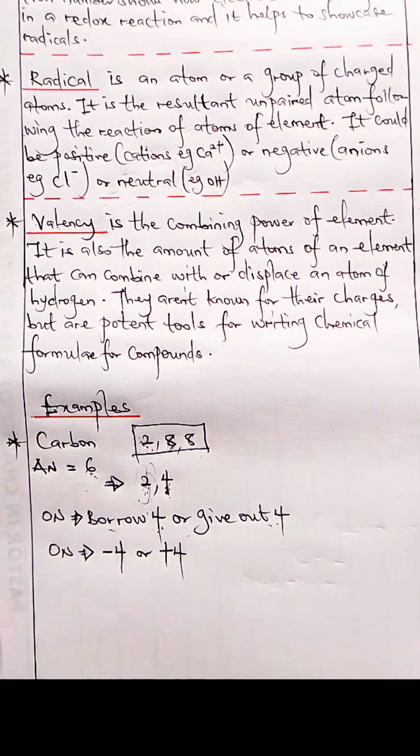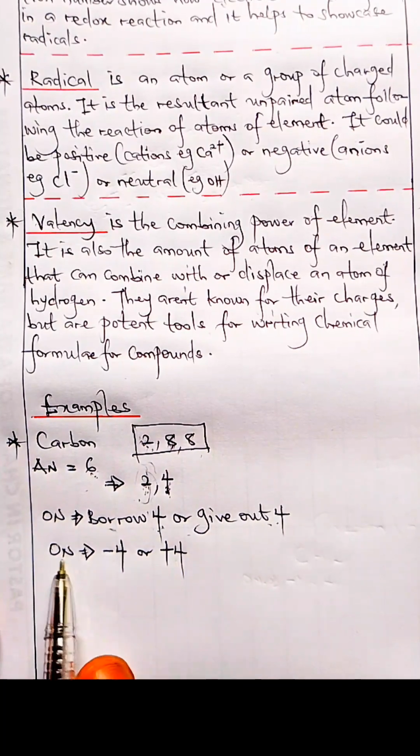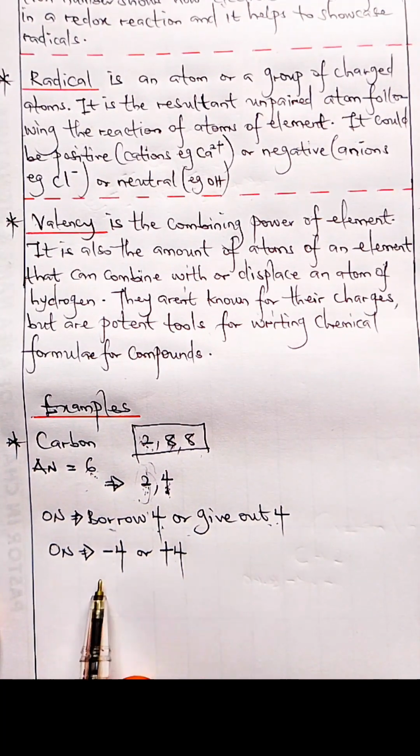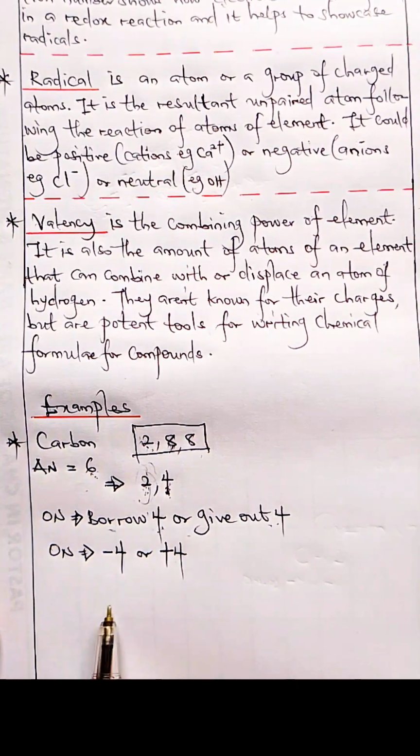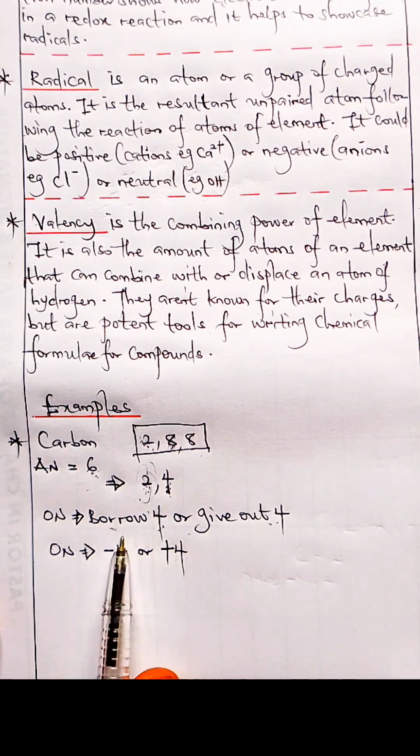It could be carbon 4 oxide, carbon 2 oxide, carbon 1 oxide, and so on. That is that for oxidation number. Now, when carbon reacts with other elements in a given compound, we can easily get the radical. As you can see, these are the hypothetical radicals, or hypothetical charges, for carbon.